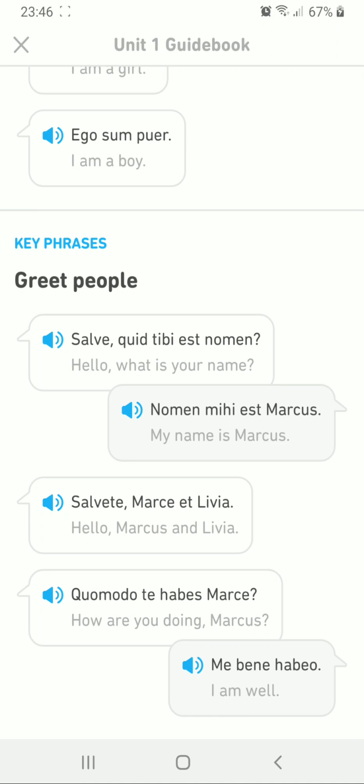And Commode te habes, Marce? We have seen quid, which is what. Now we have commode, and commode is how, like how are you doing? So commode te is like a reflexive verb.